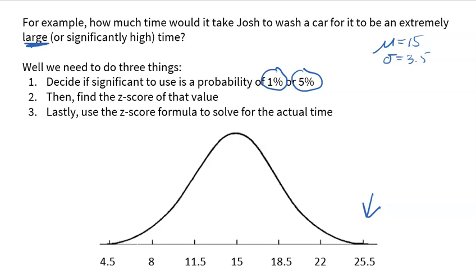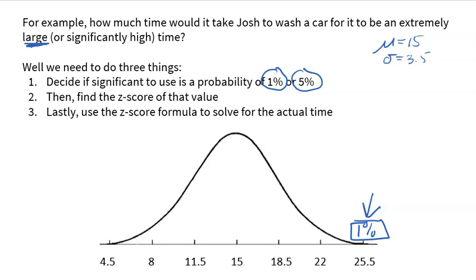Honestly, I'm going to go with 1% as being extremely high. So what I want to find is what value marks the top 1%. Because if the probability of an event occurring is 1% or less, then that would be pretty significant to me. So now I have to find the z-score that marks that top 1%.